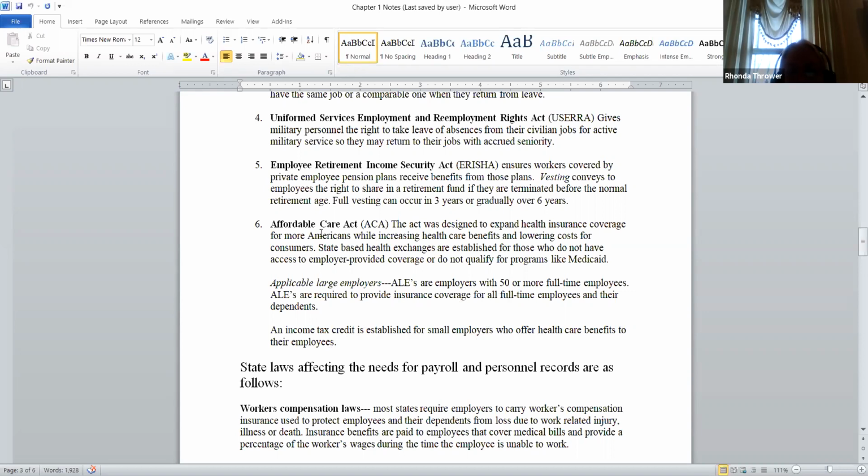So under the Affordable Care Act, the government wanted to make sure that everyone had some type of health insurance. And so that's why that act was established.